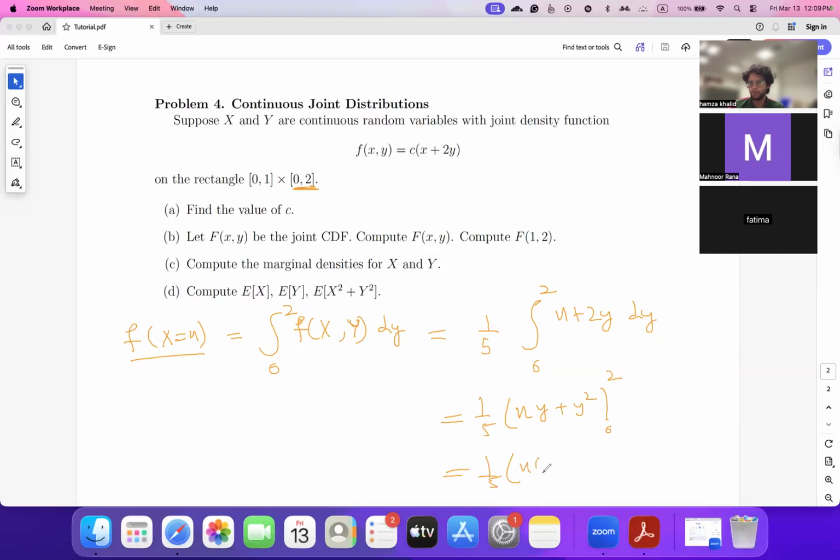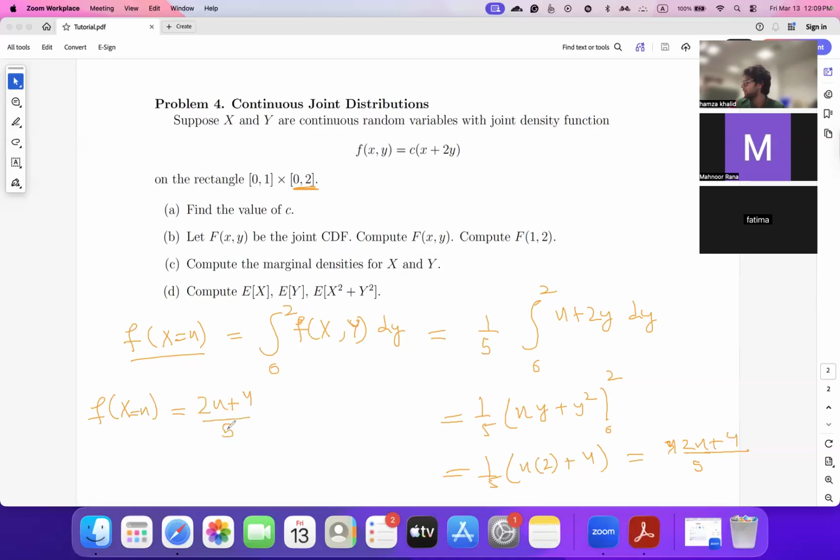So x times 2 plus 4. So 2x plus 4 over 5, right? The probability of X equals x is equal to this, the probability density function, right? This is not the CDF.